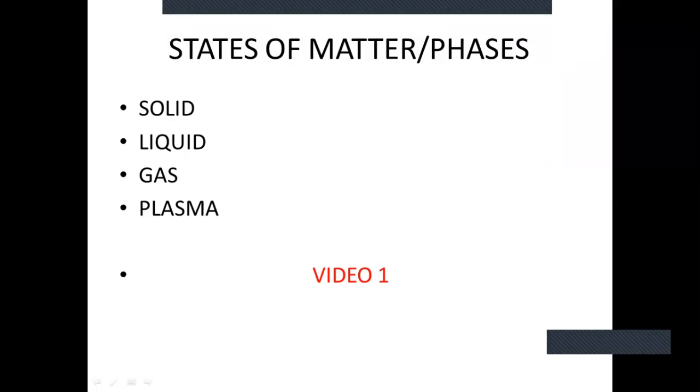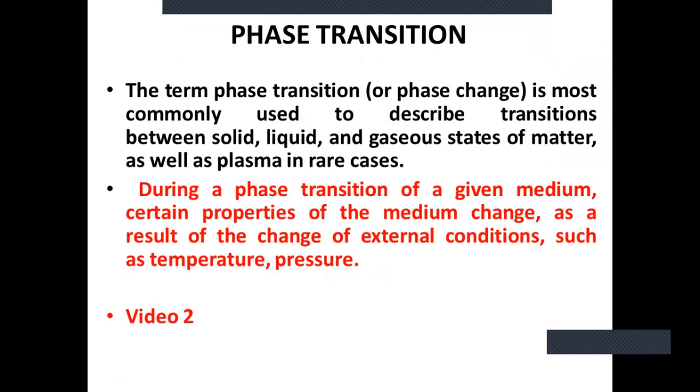Alright, welcome back. The next slide is phase transition. This term, phase transition or phase change or phase conversion, is most commonly used to describe transition or conversion between solid, liquid, and gaseous state of matter, as well as plasma in rare cases.